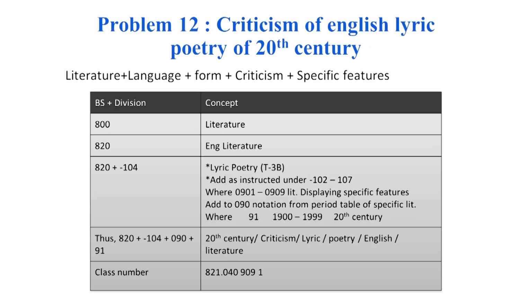In table 3B, the instruction is given as "add as instructed under 102 to 107", where 0901 to 0909 is literature displaying specific features. Add to 090 notation from the period table of specific literature, where 91 means 1900 to 1999, that means 20th century.